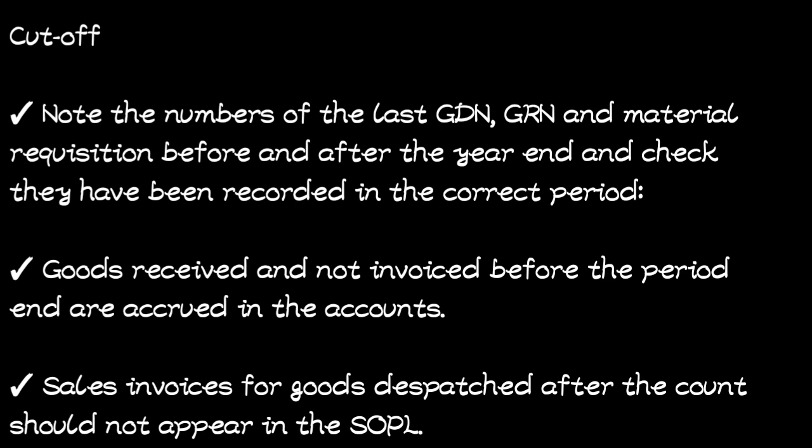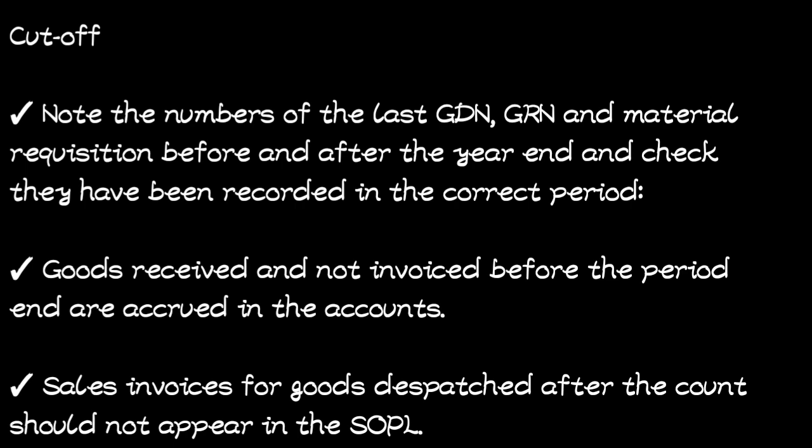Here the first one is you note the numbers of the last goods received notes, GRNs, and material requisitions before and after, and you check if they were recorded in the correct period. Like you check goods received notes that were received just before the year ended and those that were received just after the year ended, and you check if they were recorded in the correct period.